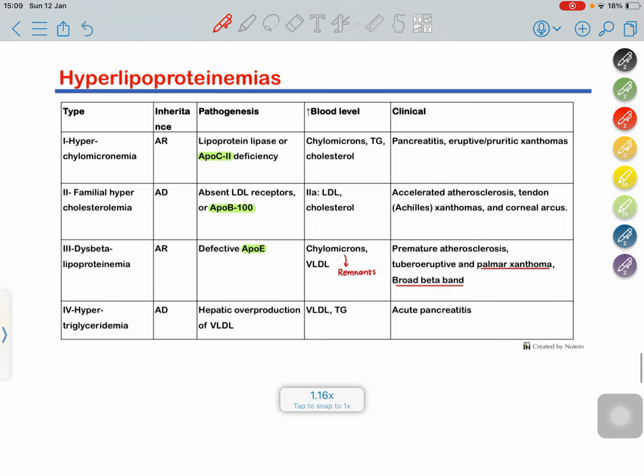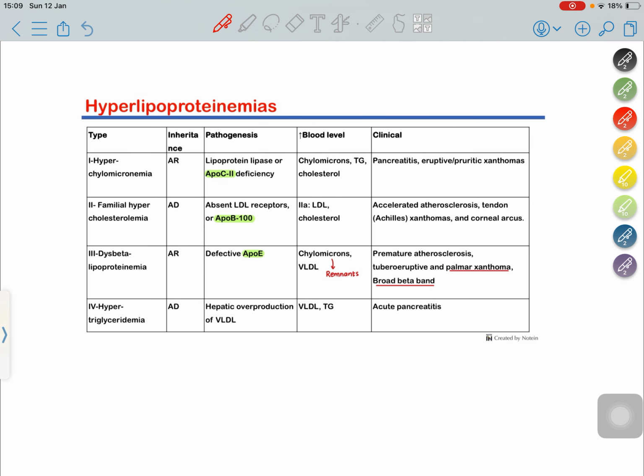So here we have type 1, hyperchylomicronemia. There is deficiency of lipoprotein lipase or ApoC2 deficiency. Now lipoprotein lipase is an enzyme which will only be activated when the chylomicron shows its ID card, ApoC2.